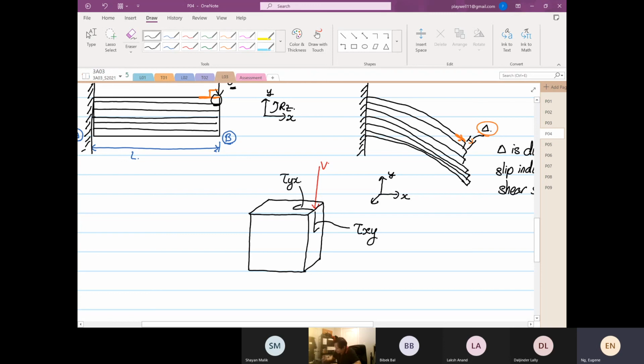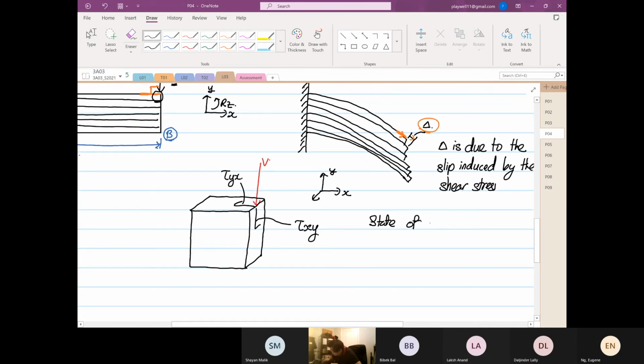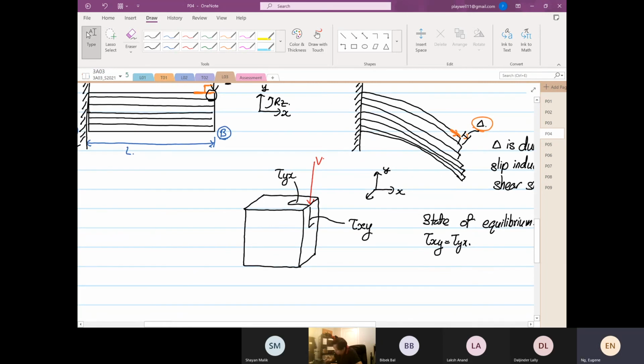Based on the state of equilibrium, I told you to remember that shear XY is equal to shear YX. So this shear stress and this shear stress are the same magnitude.